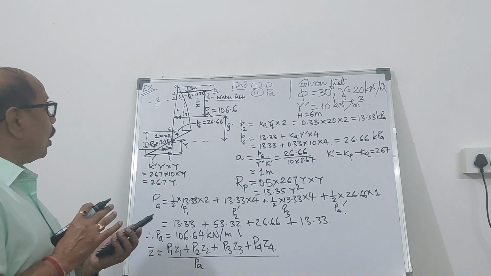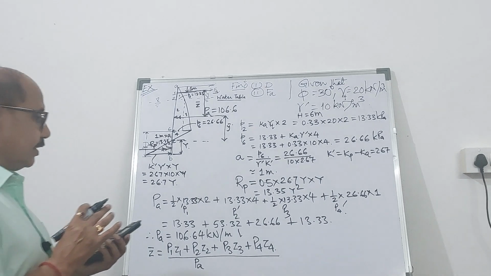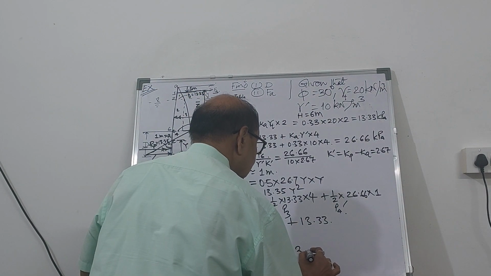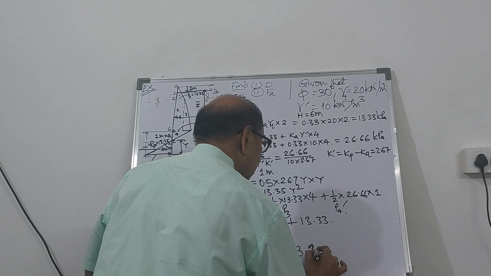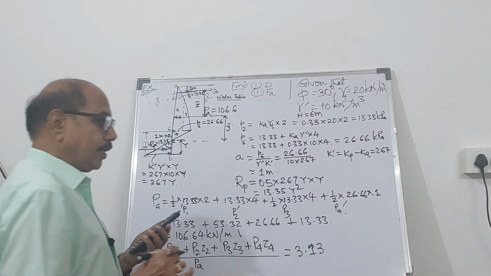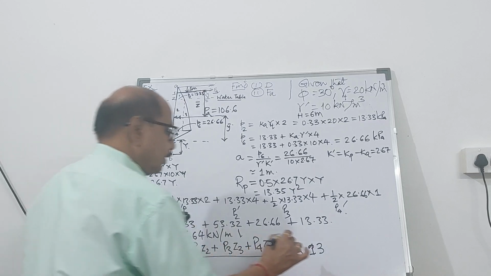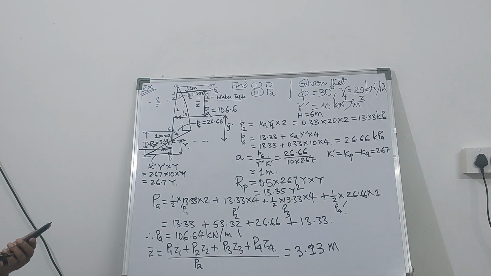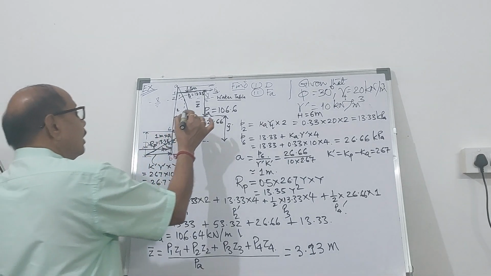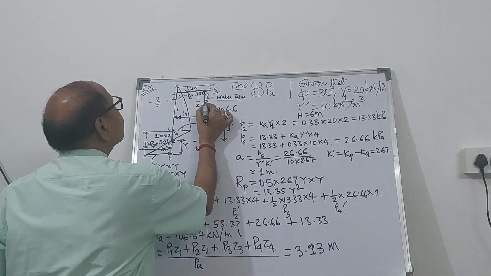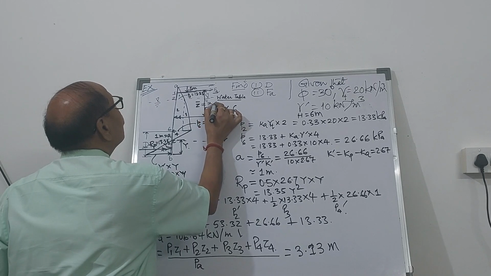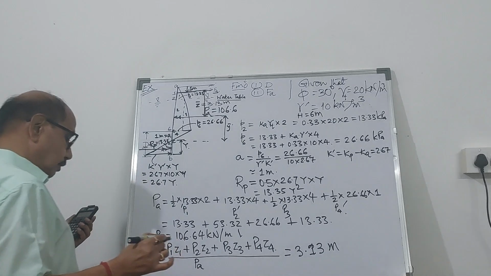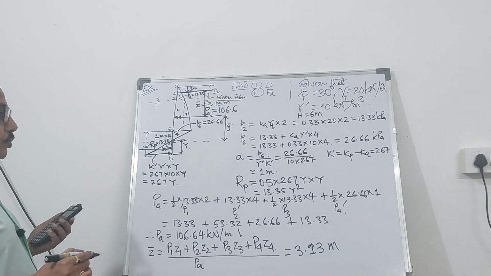The value of Z bar is easily calculated as 3.13 meter. So friends, we are in a position to find out the value of Z bar. Z bar here is 3.13 meter. So Z bar is also known to you.